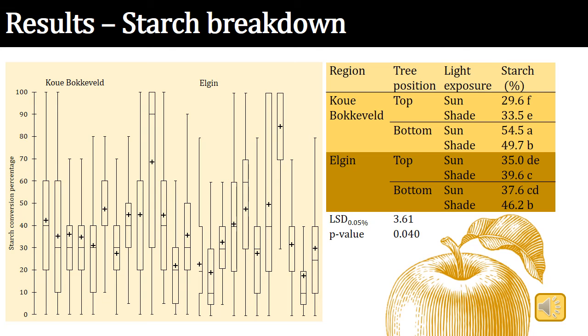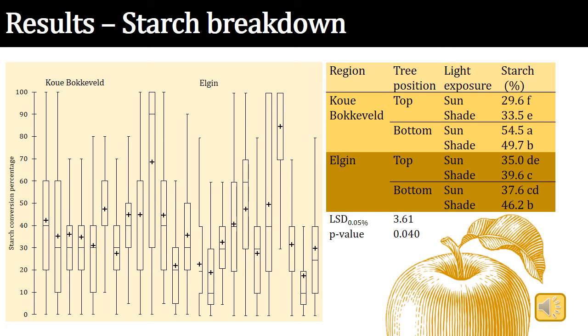The cross indicates the average value for that orchard, and the lines show the range from minimum to maximum values obtained. We were surprised to see the huge amount of variation between orchards, especially knowing that producers aim to harvest at a starch breakdown percentage of between 15 to 20%.